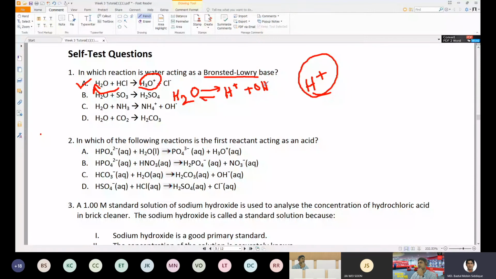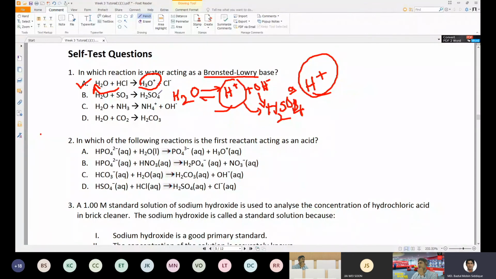This hydrogen ion that is given up by water will first bond to the SO3, then it will form HSO3-. All right, so afterwards this hydroxyl will again bind to this HSO3- and it will produce H2SO4, and then there will be no charge.